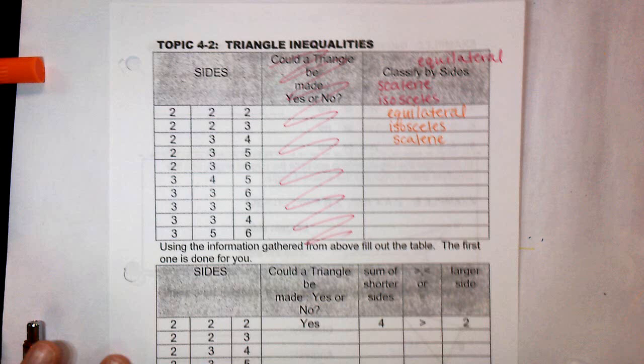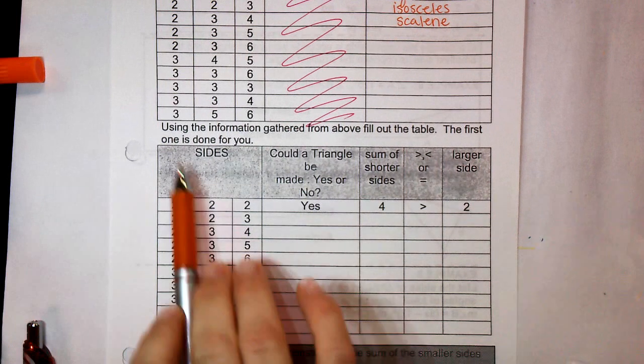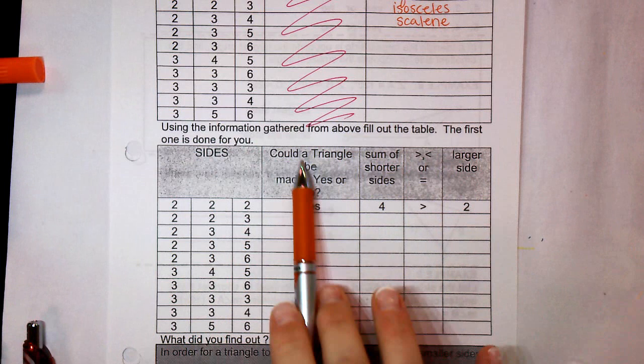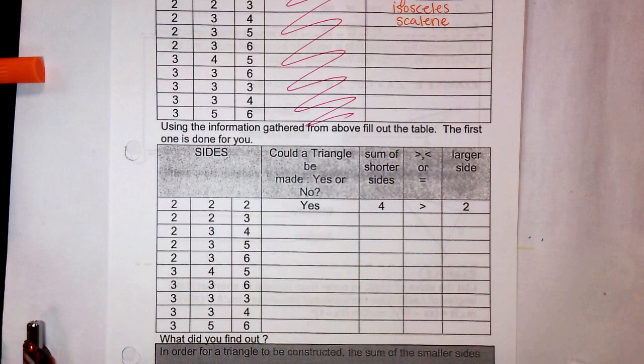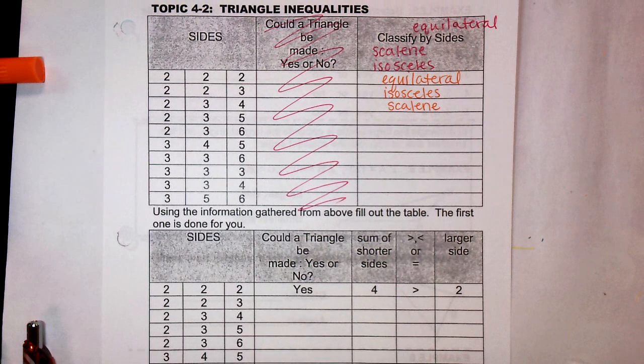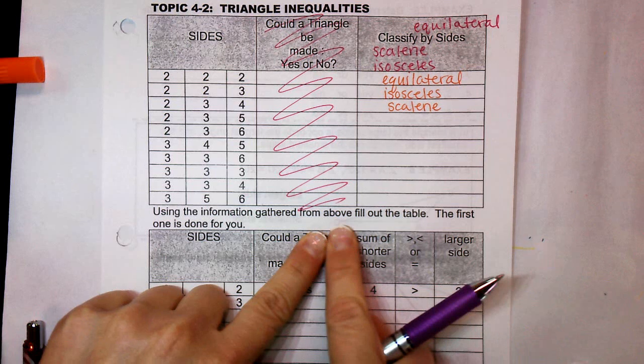And now we're going to talk about whether or not we can form a triangle. So we didn't gather any information, but could a triangle be made? Yes or no? That's what we're going to learn. Okay, so while you catch up with the notes, I'm going to tell you, if a triangle can be made, here's what you're going to do.